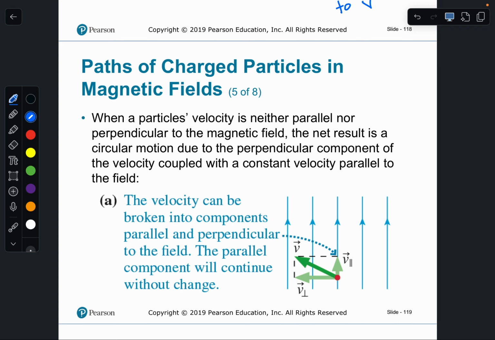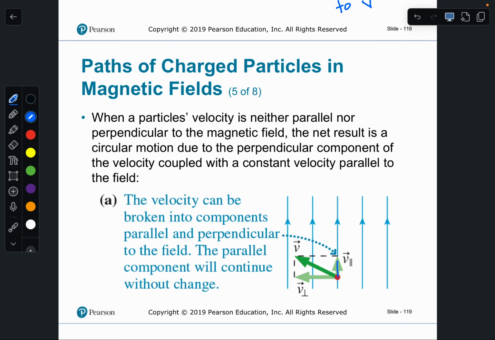So you're going to have a particle that's moving straight due to the component of the velocity that's parallel to B, but then that perpendicular component is going to cause the particle to move in a circle. So what you're going to get is a helix, right? A helix is circular motion with a straight component to it.